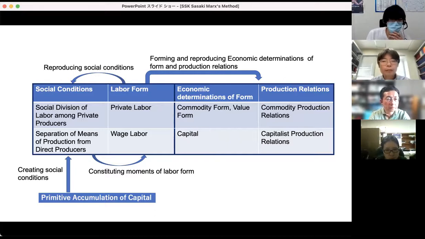And primitive accumulation of capital created a social condition, and the social conditions constitute the labor form. The social conditions constitute moments of labor.